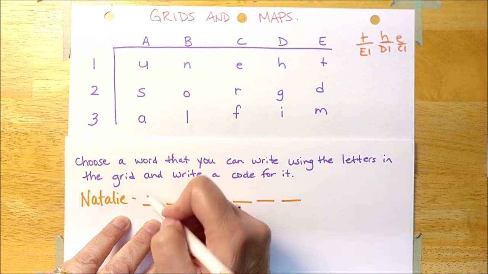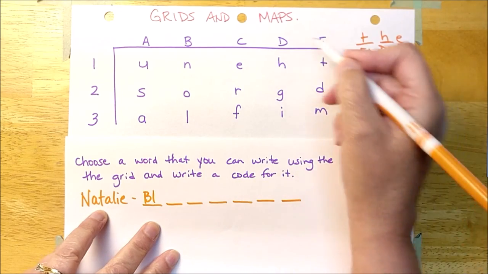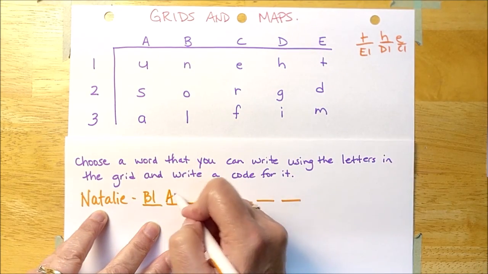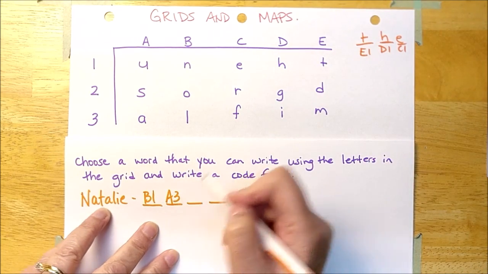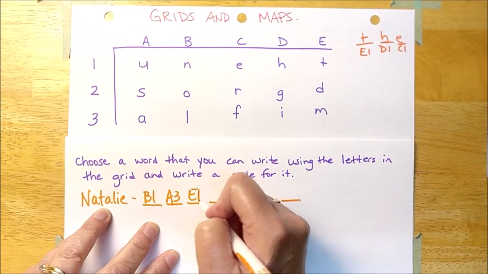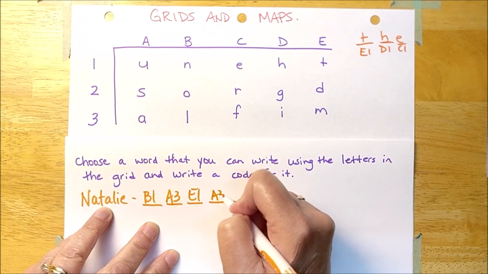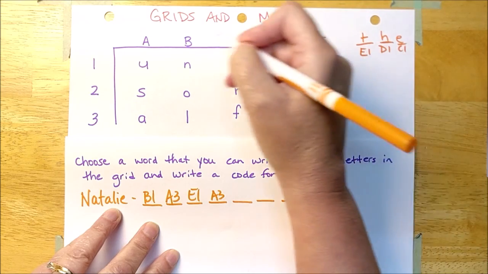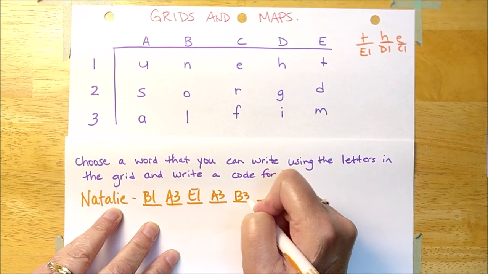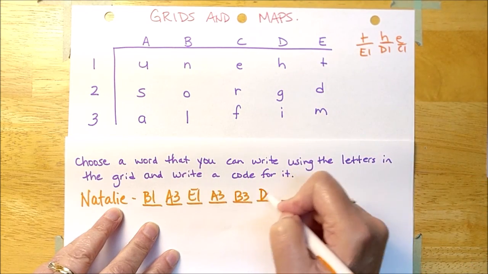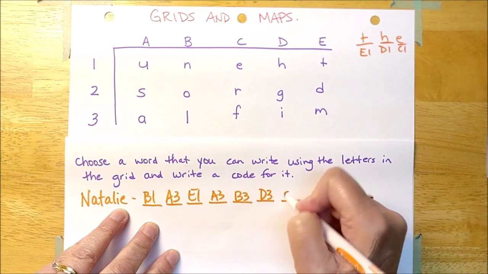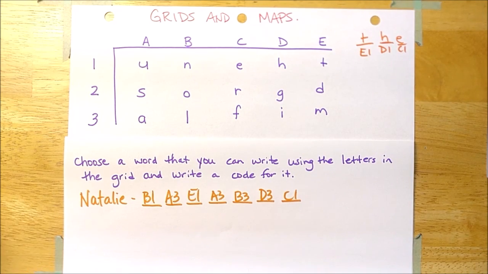So the N is B1, A is A3, sorry. The T is E1, A3 for the A. The L is at B3, the I is at D3, and the E is at C1. So I wrote my name in code.